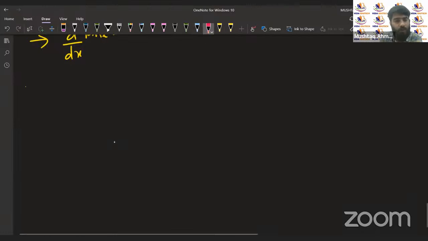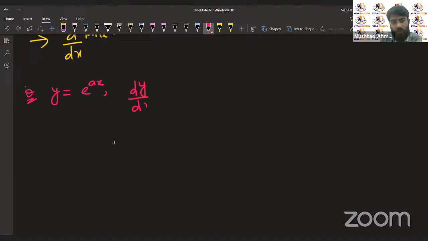Suppose we have a function like this, y equal to e to the power ax, and we have to find the first derivative of this function. Initially we knew that the derivative of e to the power x is e to the power x, but we have here e to the power ax.